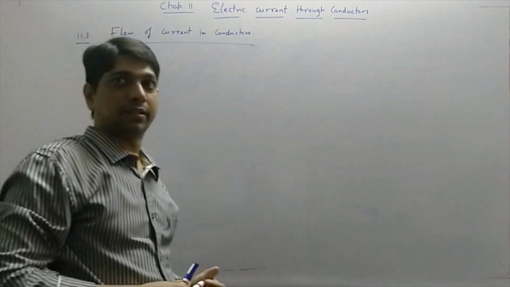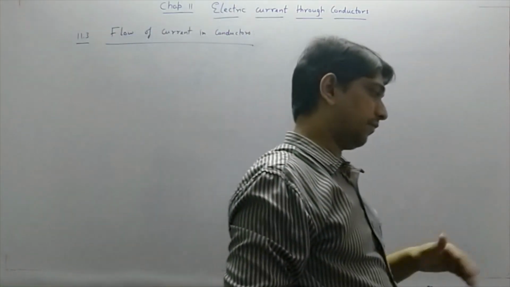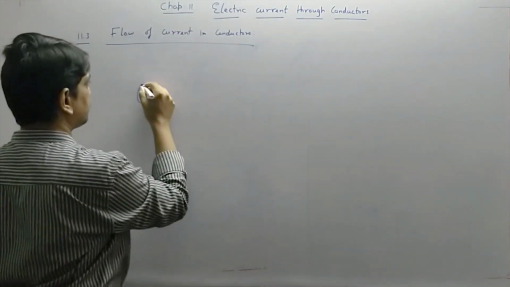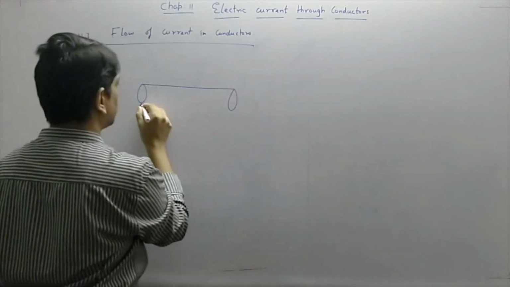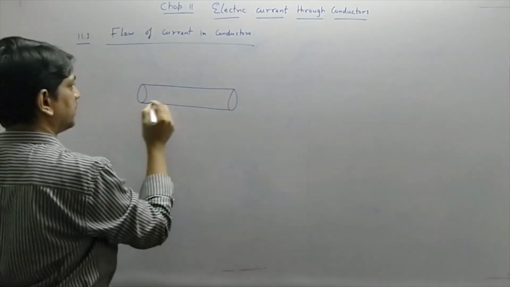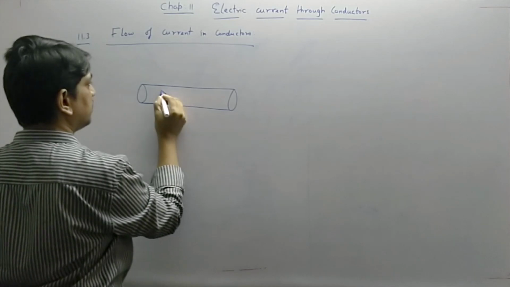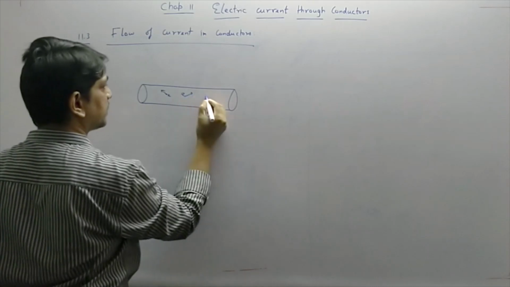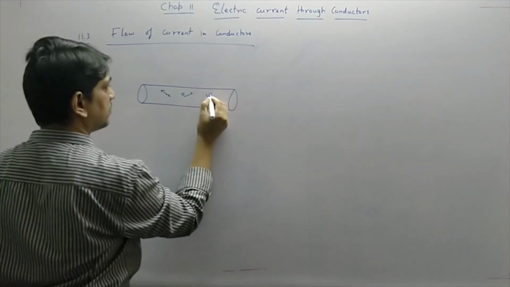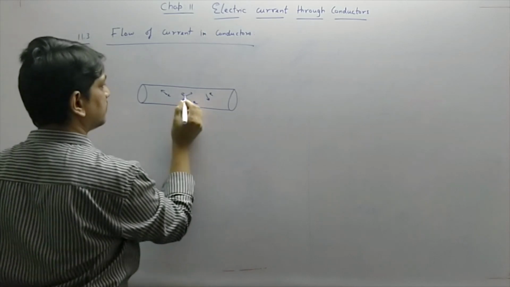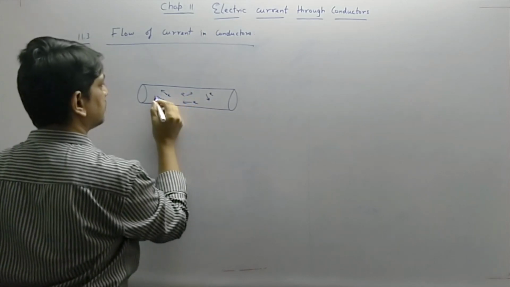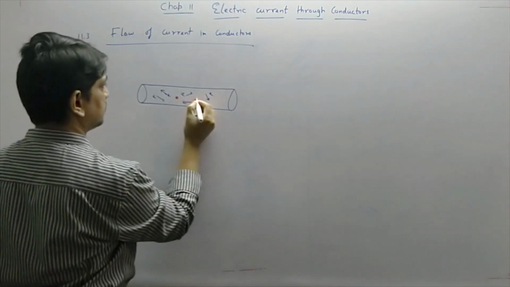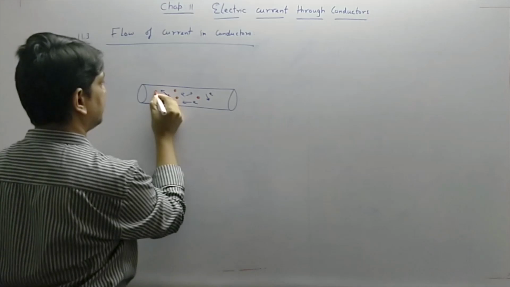Okay, so when an electric field is applied to the conductor, suppose I am taking this as a conductor, the electrons were initially traveling in all possible directions. These are the atoms which are present everywhere.